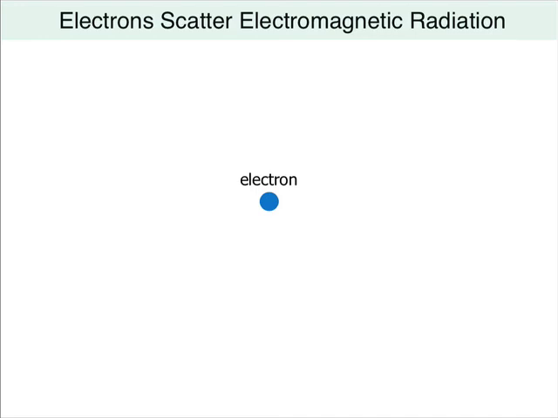So the principle with X-ray diffraction is that electrons will scatter electromagnetic radiation. If we've got an electron, recall that I said earlier, electrons and X-rays have the same approximate wavelength. For X-rays, we would call it their wavelength. For electrons, we call it a de Broglie wavelength. But regardless, they vibrate at approximately the same frequencies.